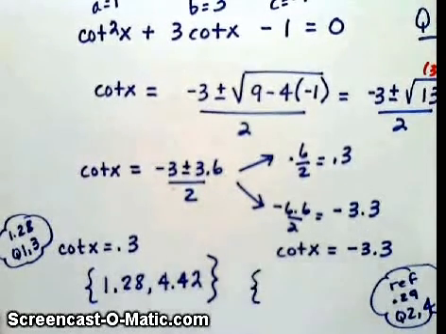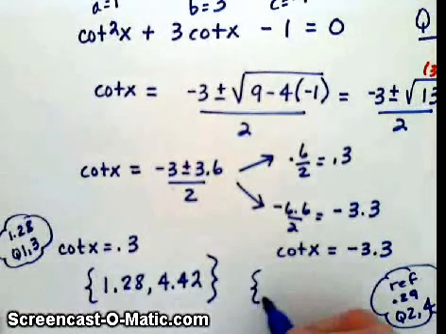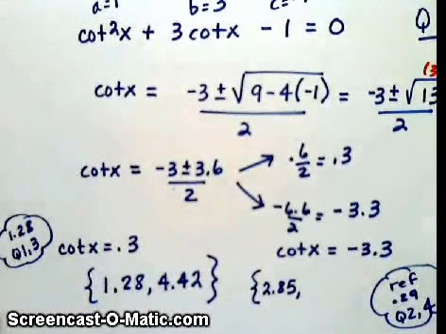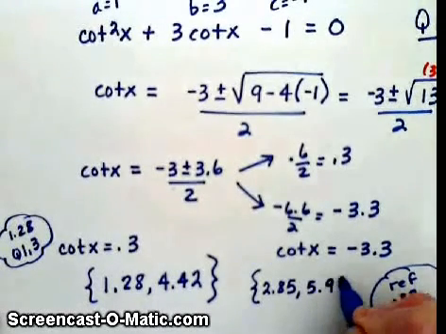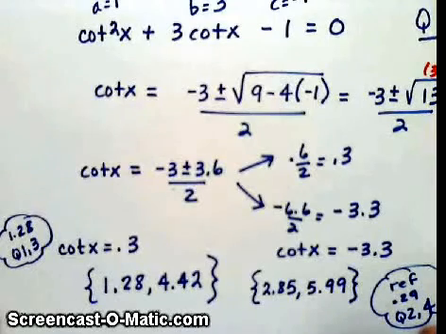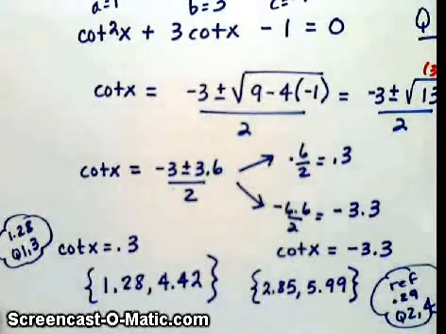Solutions: 3.14 minus 0.29, 2.85. And in quadrant 4, 6.28 minus 0.29, 5.99. This is a quadratic that is solved with the quadratic formula.